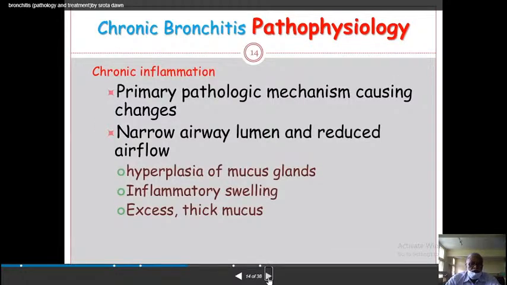Then you have chronic inflammation, the primary pathologic mechanism causing changes in the narrow airway and lumen and reduced airflow: hyperplasia of the mucous glands, inflammatory swelling, excess thick mucus.